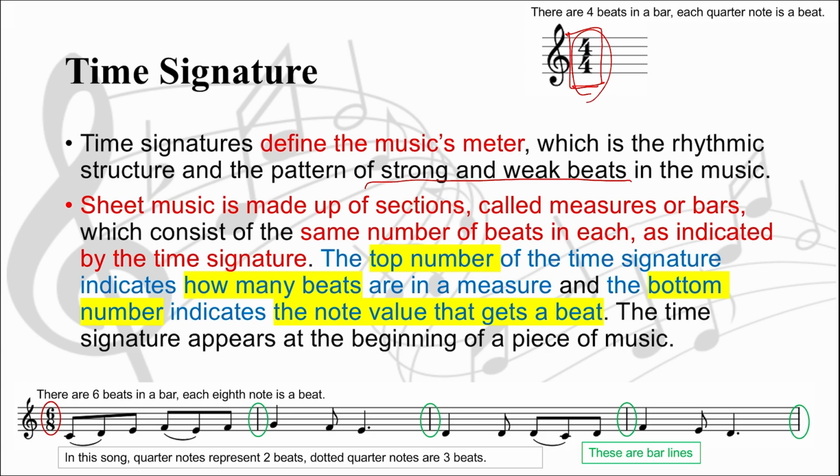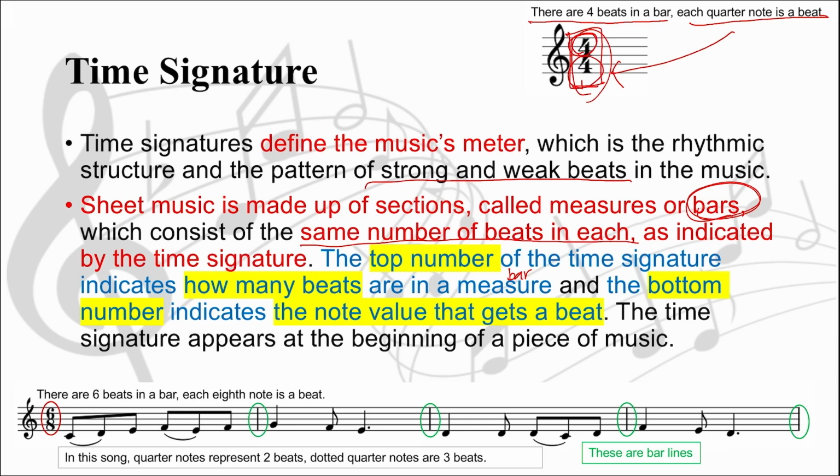Okay, so sheet music is made up of sections called measures or bars. We practiced a lot about bars, which consist of the same number of beats in each. So that's why we say that the 4 means there are 4 beats in a bar, and each quarter note is a beat. The top number of the time signature indicates how many beats are in a measure, which is a bar. The bottom number indicates the note value that gets a beat.